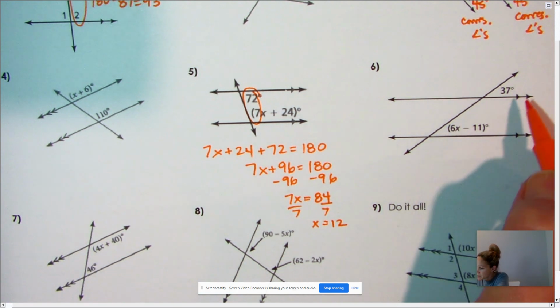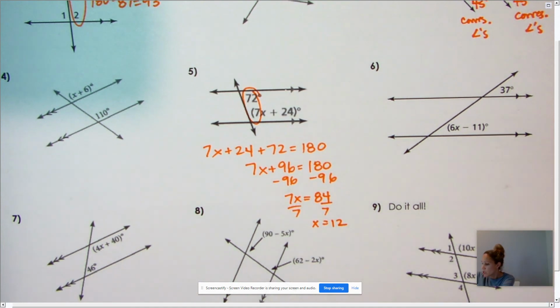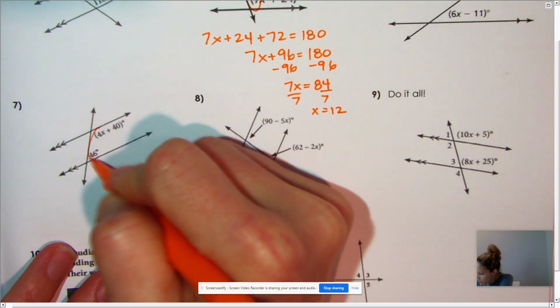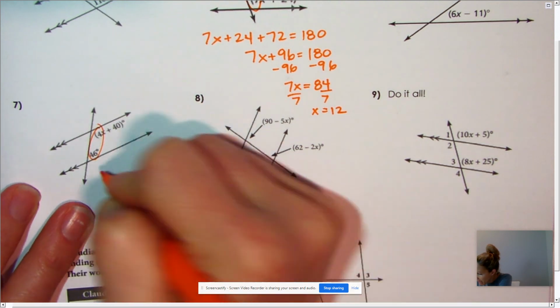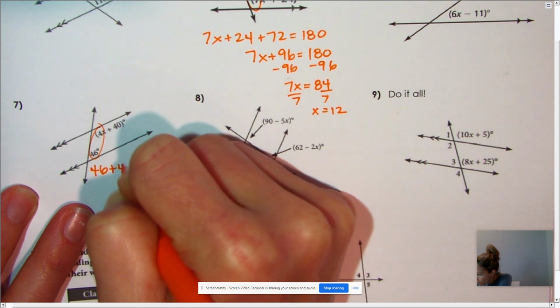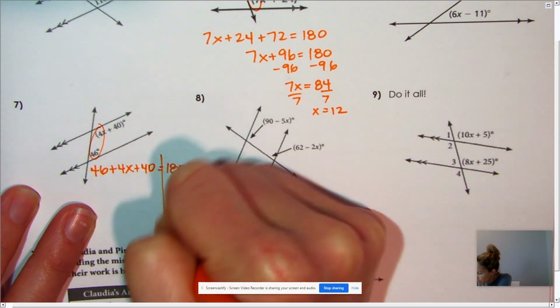Question number 6, we're going to skip, but those are corresponding, so you just set them equal to each other. Question number 7, another same side interior set here. So I'm going to add them and make it 180. So 46 plus 4x plus 40 equals 180 degrees.